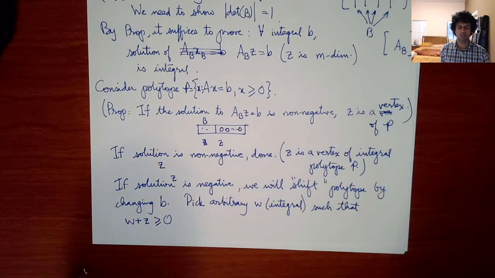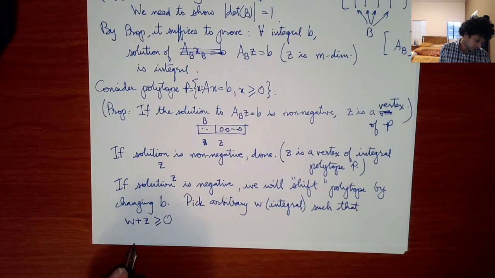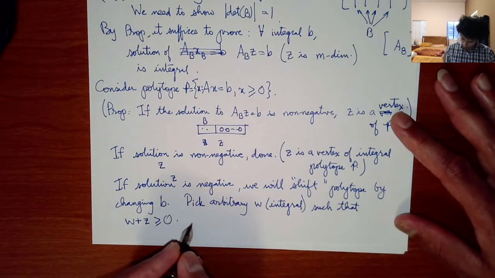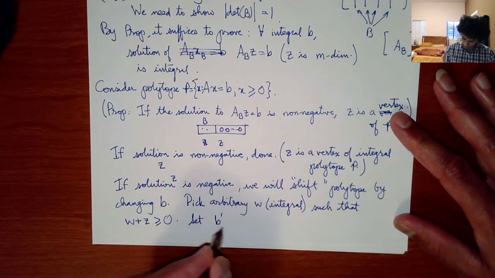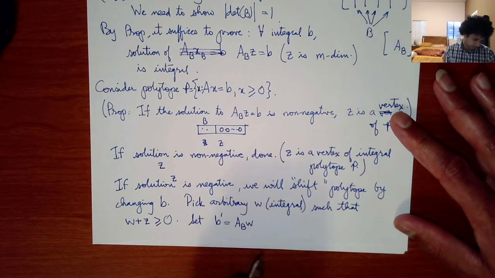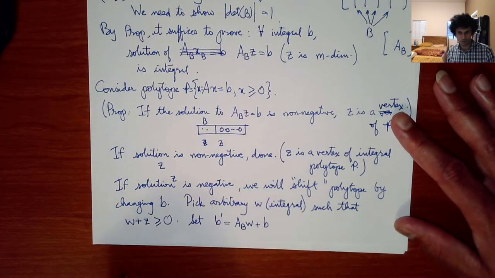So just pick some arbitrary w. And what we'll do is we'll set b' equal to A_B(w) + b. So I'm just going to move it by A_B w.